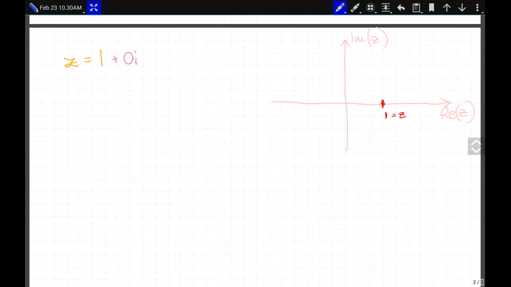We can see it is straightforward that the magnitude of z, or just r, is 1. And then the angle between the real axis and our z is 0. So theta is 0 plus 2 pi k, where k is some integer.